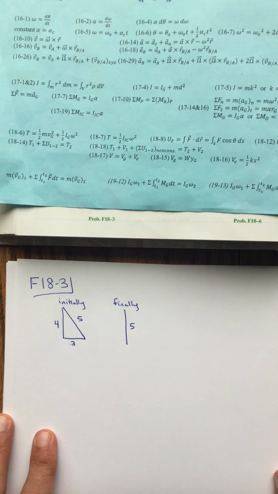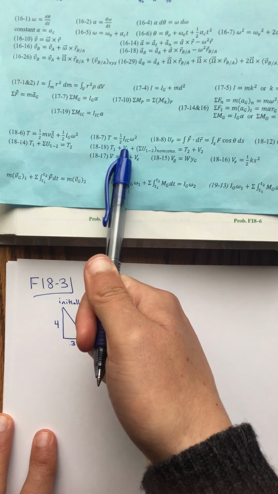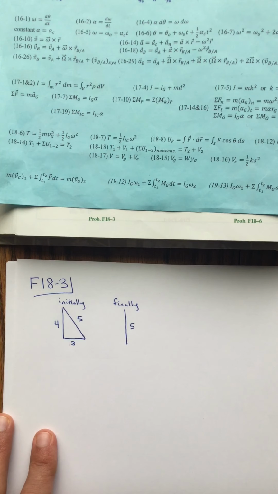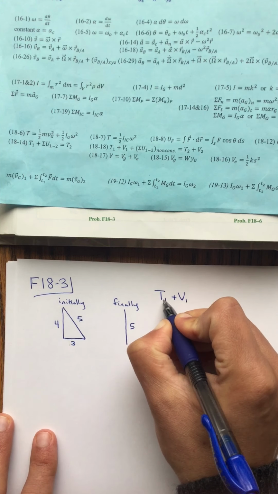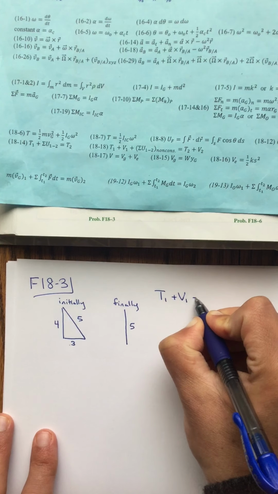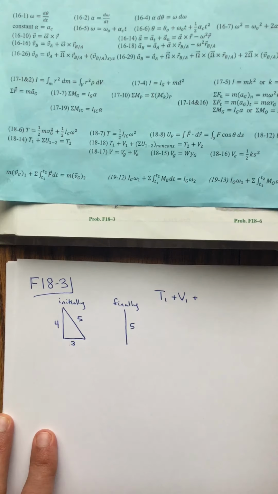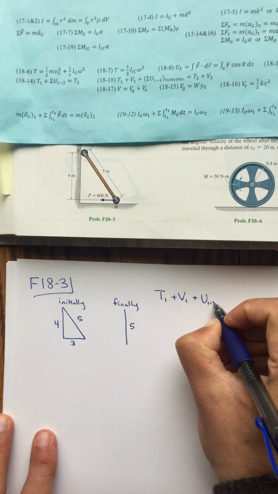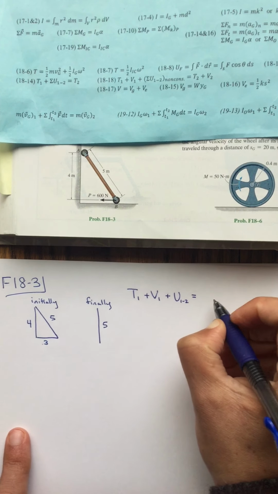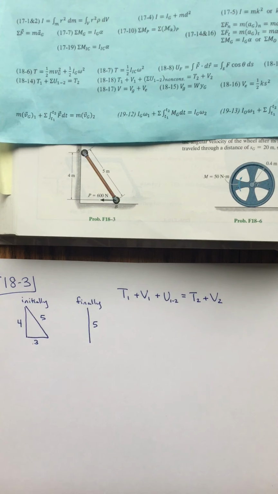And rather than using equation 18-14, I'm going to use equation 18-18. For the potential that I have here, since there are no springs in this problem, that would be gravitational potential energy. And I can say T1 plus V1, so initial kinetic energy plus initial gravitational potential energy, plus the sum of the work done by all other forces, which in this problem is just going to be the force P. So the work done by force P is equal to the final kinetic energy plus the final gravitational potential energy.